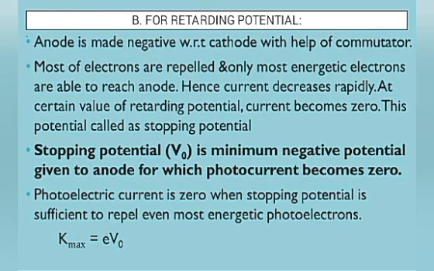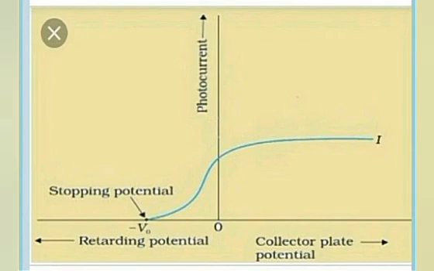Here consider the graph. Concentrate on the left hand side of the graph. It is a variation of photocurrent with the retarding potential. Here on increasing the negative potential, current goes on decreasing, because anode is at negative potential.